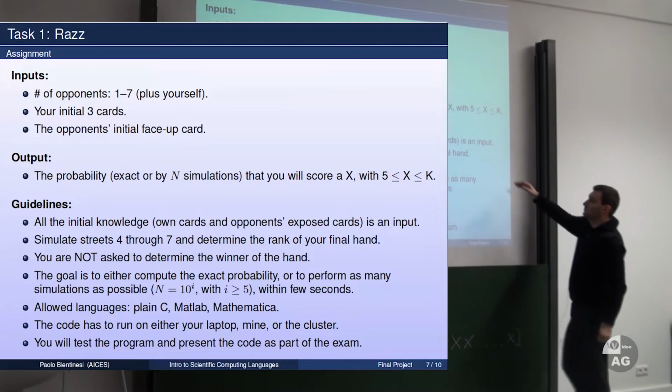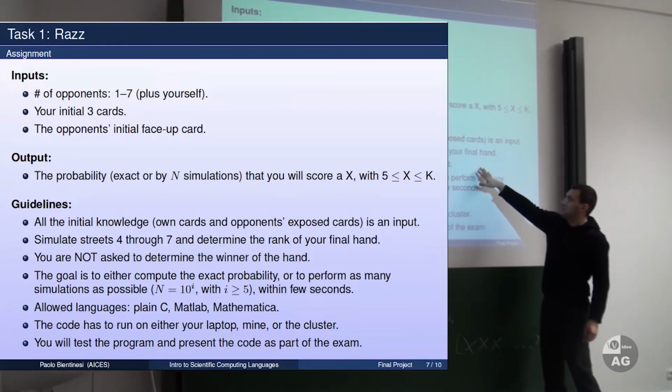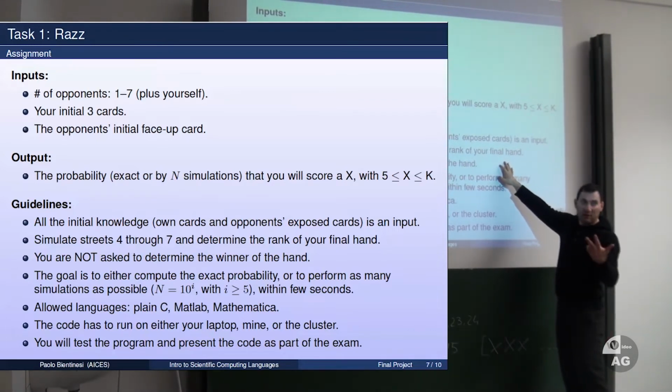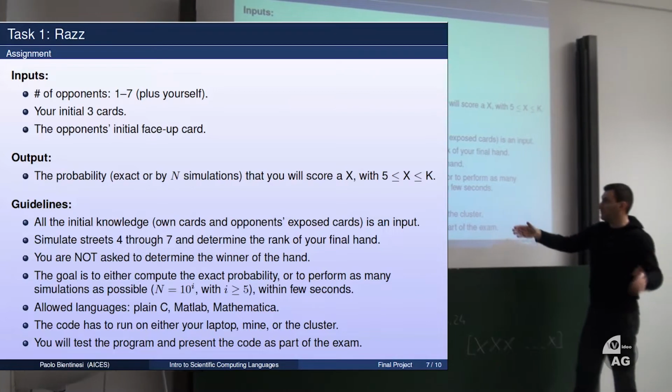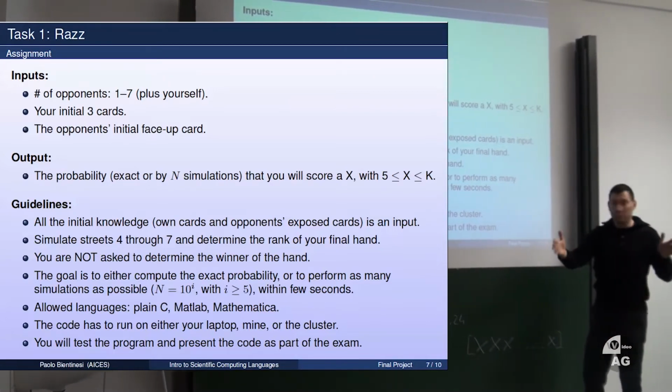So the knowledge of the initial cards is an input. You have to, of course, go from 3 cards up to 7. So you have to simulate streets 4 to 7 to end up with 7 cards.